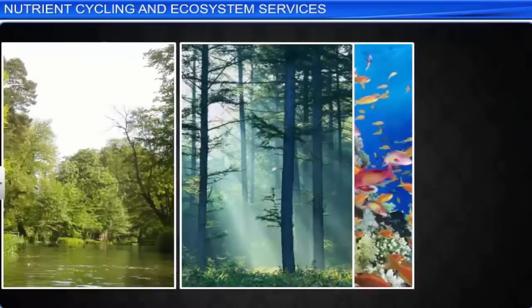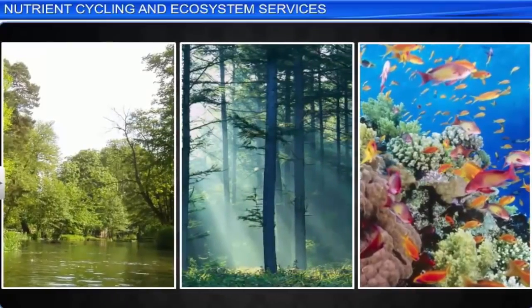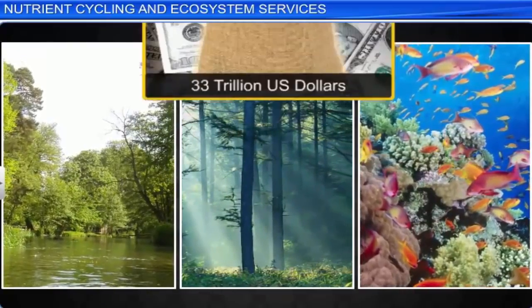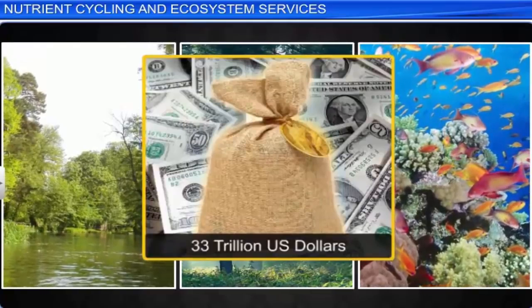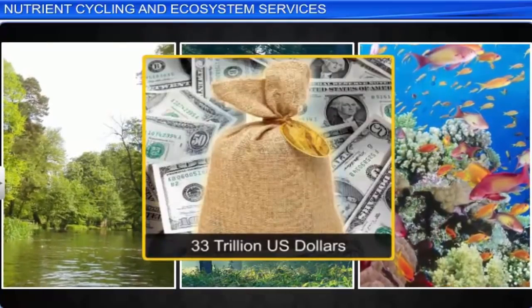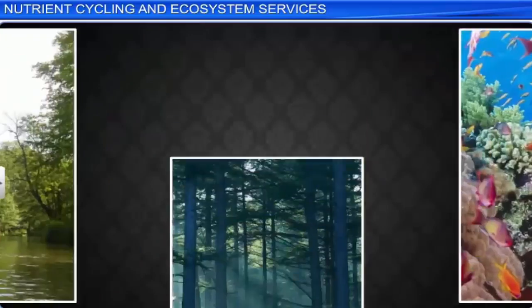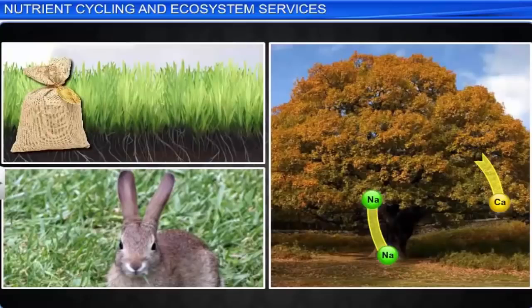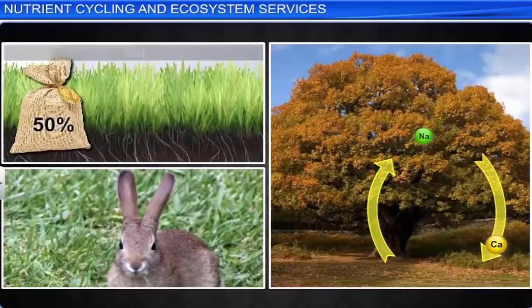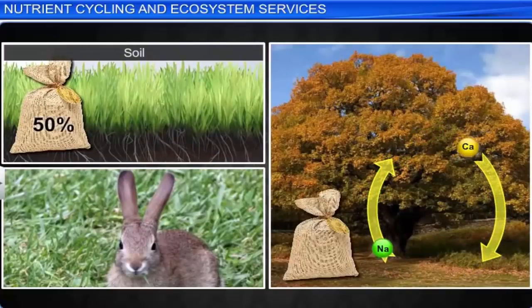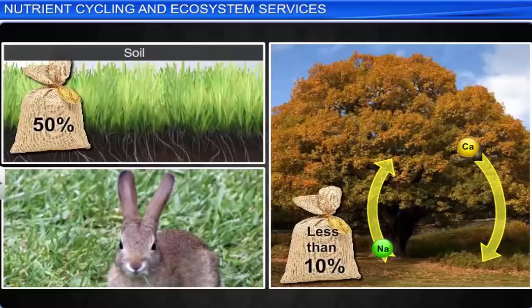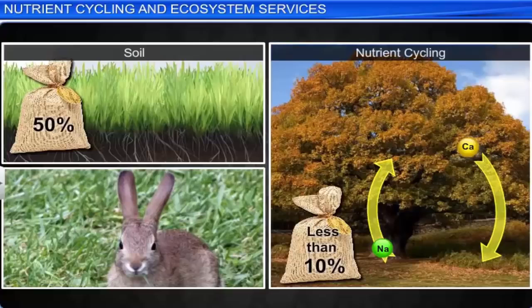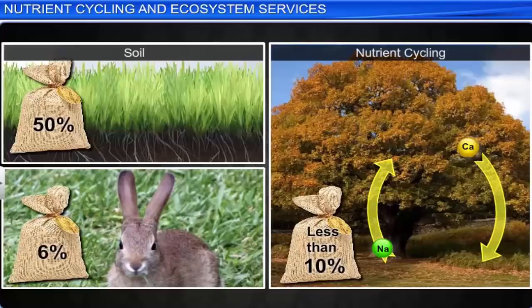Researchers have found that the value of fundamental ecosystems is an average $33 trillion a year. Of the total cost of different ecosystem services, 50% is accounted for by soil, less than 10% each by services such as nutrient cycling and recreation, and about 6% each by services like wildlife habitat and climate regulation.